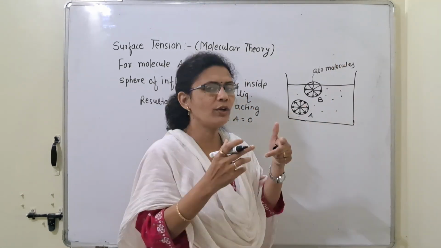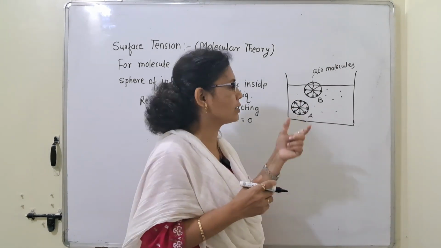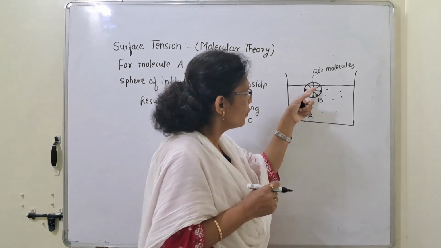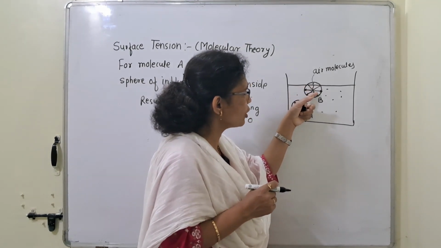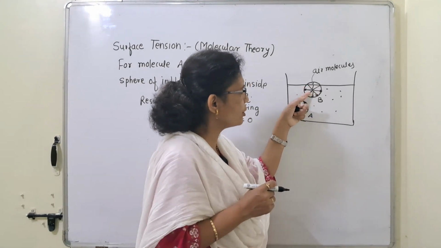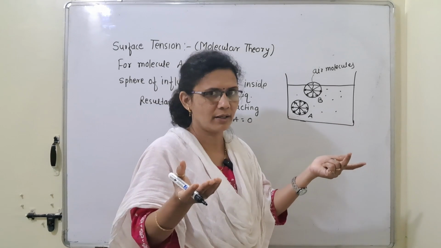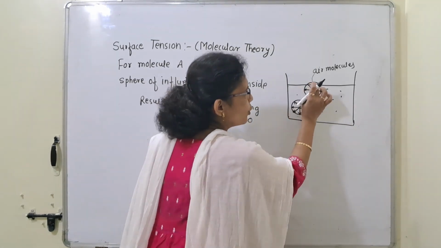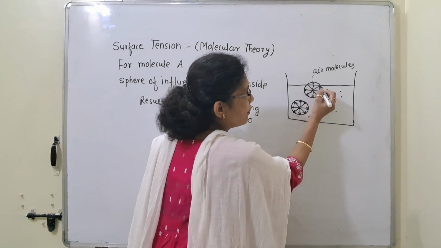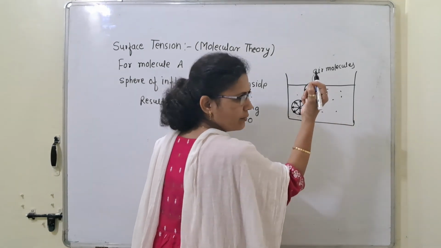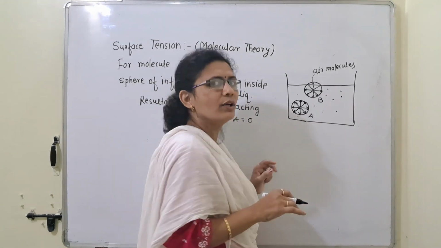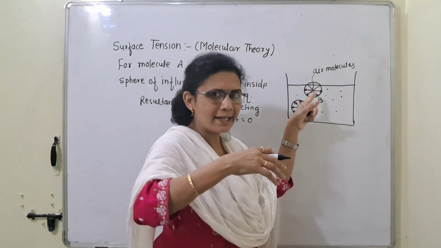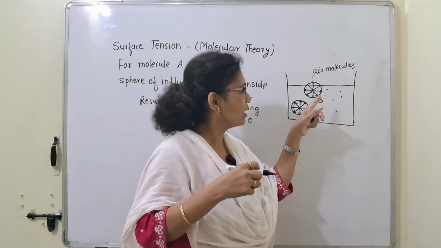Now what will be the resultant force acting on this molecule B? See, the molecules present in the bigger part of the sphere of influence will be water molecules, or the molecules of that same liquid. But the molecules present in the upper small part outside the liquid will be less in number. So those molecules also attract molecule B.